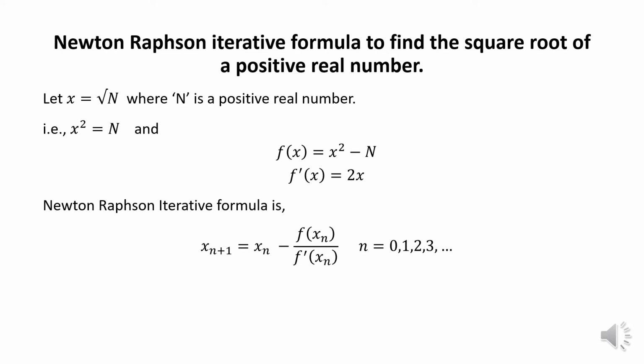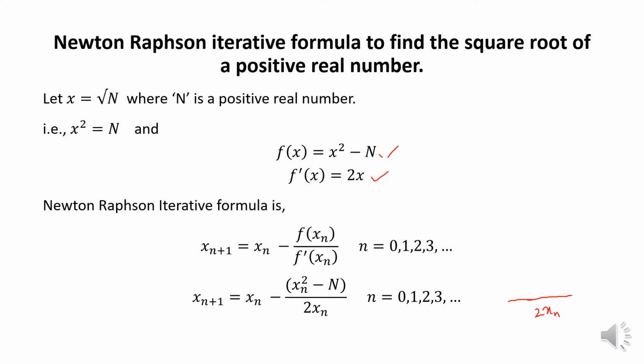Substitute f of x value as well as f dash of x value here. We'll get x(n+1) equal to xn minus (xn square minus n) by 2xn. Taking 2xn as LCM, we will get 2xn into xn is 2xn square. Open the bracket, minus xn square, minus of minus plus n. 2xn square minus xn square is xn square.